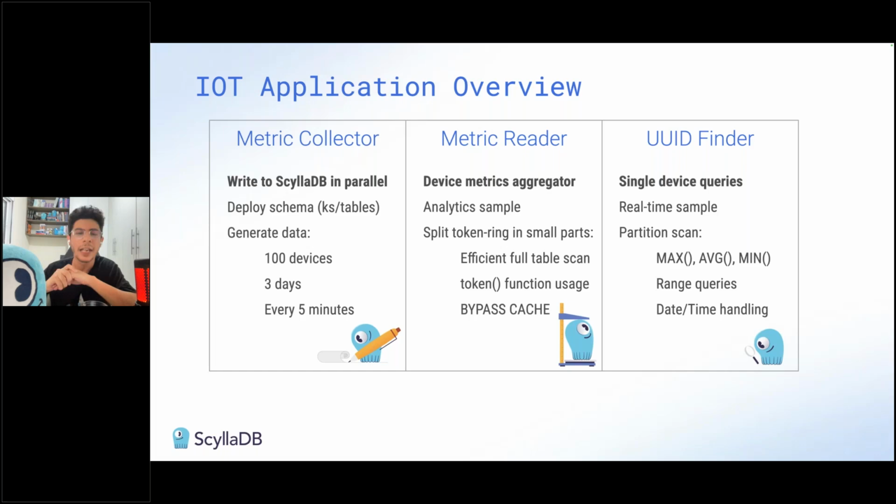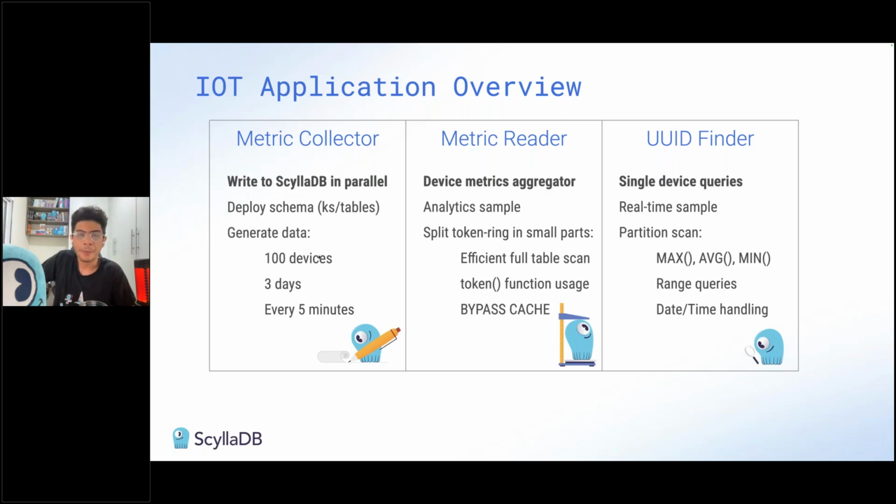It's an aggregator, and what it does is scan through all the data we ingested and allow us to run analytic queries, like knowing how many measurements each device recorded in the previous exercise. Lastly, our third and final program is arguably the most straightforward. It demonstrates how to run simple point queries and retrieve the maximum, average, and minimum aggregates over a range of time for a specific device.